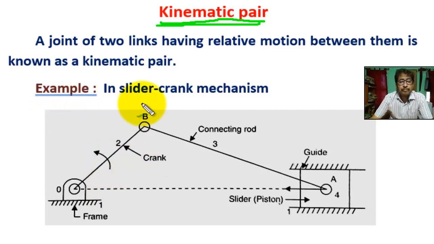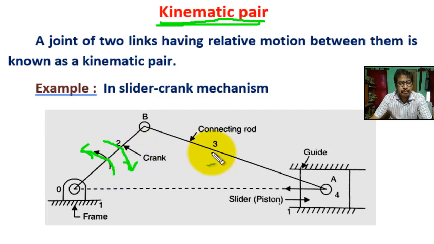This is an example of a slider crank mechanism. Here link 2 rotates in this way, rotates in this way, sometimes in this way, rotates relative to link 1, fixed part, this is link 1, hence 1 and 2 is a kinematic pair.